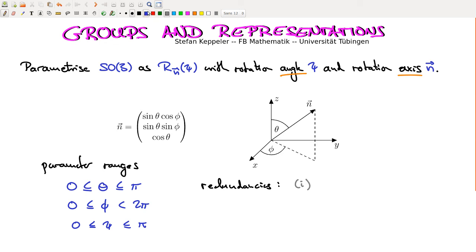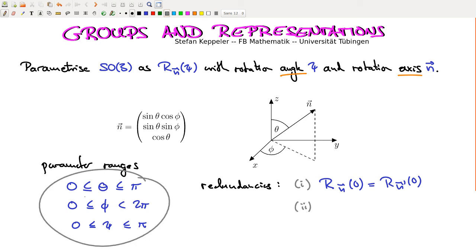First of all, if we don't rotate at all, that's the same no matter which axis we choose. So with angle ψ equal to 0, the axis doesn't matter. So these are the identity we have several times here in this parameter range.